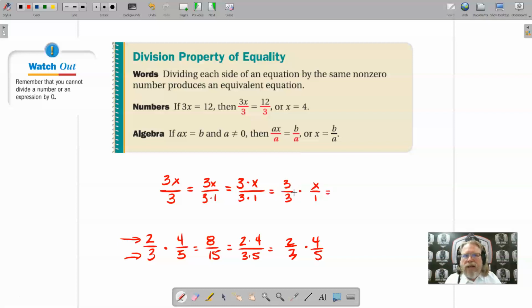And we know that any number over itself is equal to 1, and any number divided by 1 is equal to itself. So 3/3 becomes 1, x over 1 becomes x, and 1 times x is going to equal x.